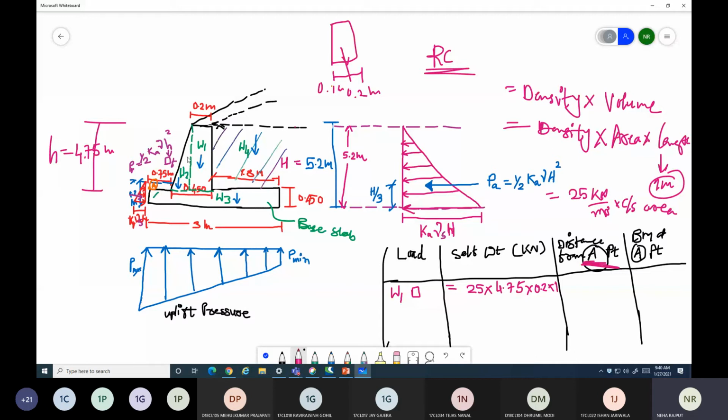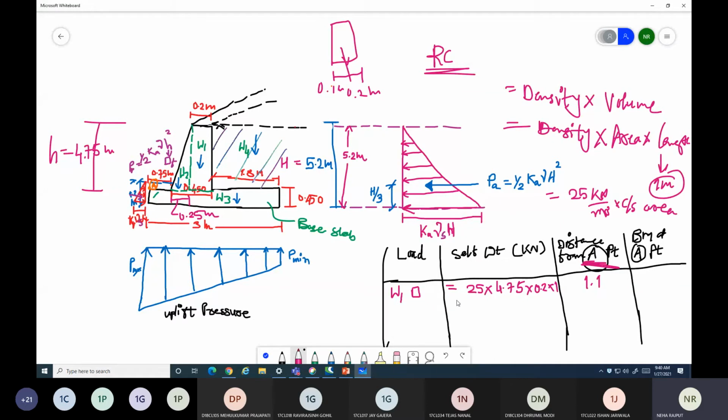Then the remaining portion of the triangle, this is 0.2, this is 0.45. So up to here the distance is 0.25. So from A point the distance will be 0.75 plus 0.25 plus CG distance 0.1. So 1.1 will be the distance from A point.